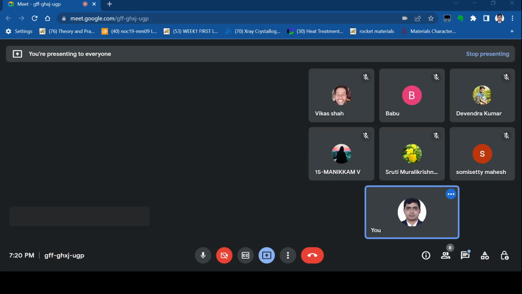Okay, so this is at the highest point. This value is delta G star, and this is our R star, critical radius and critical nucleation barrier. So any doubts till now?